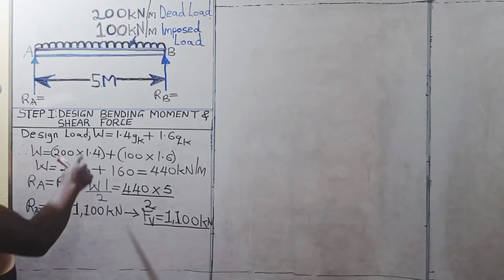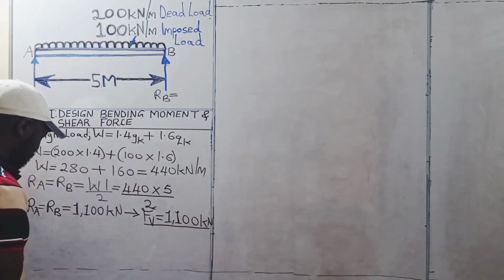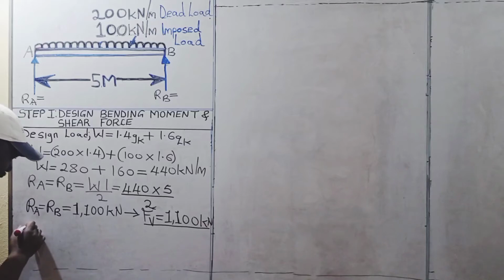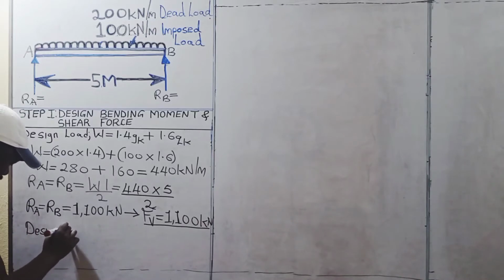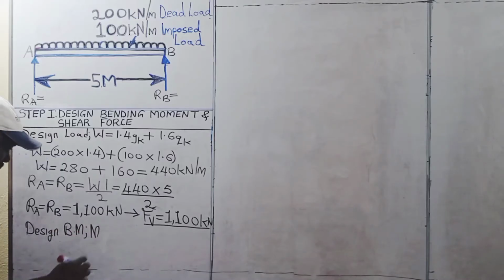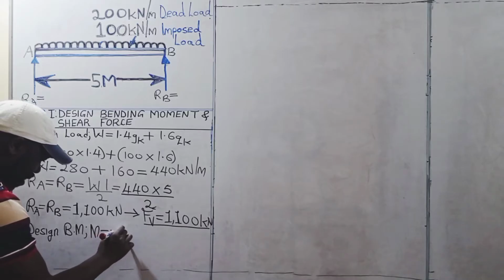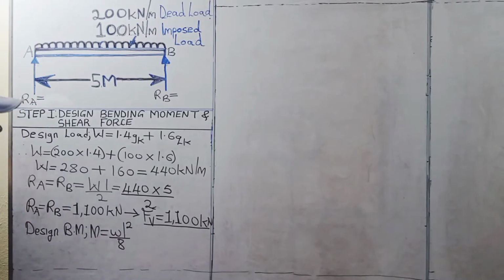So after determining the shear force, we are going now to determine the design bending moment. And the design bending moment, that is M, will be given by WL squared divided by 8.